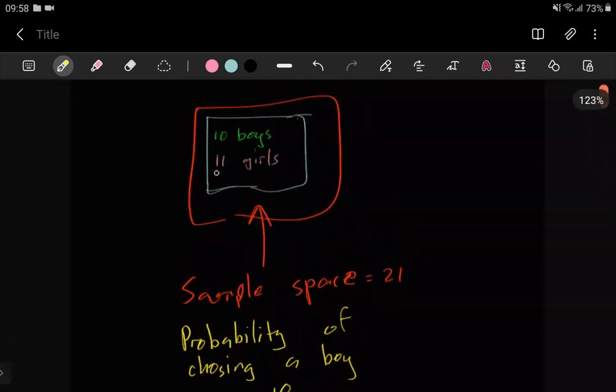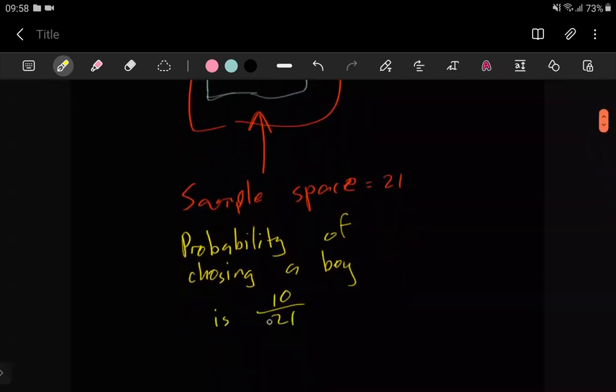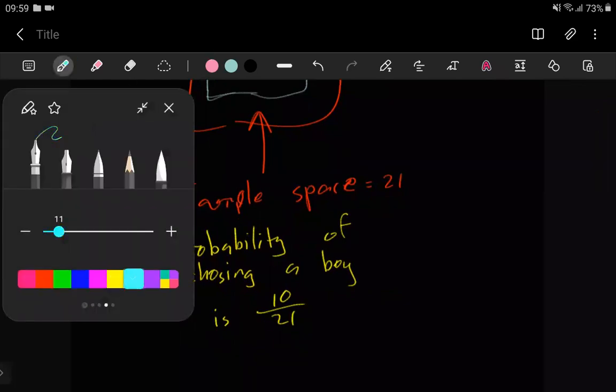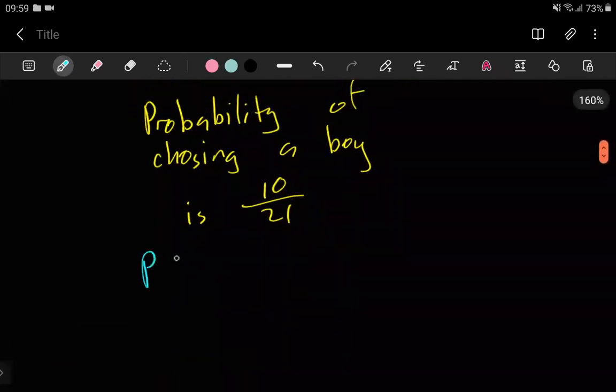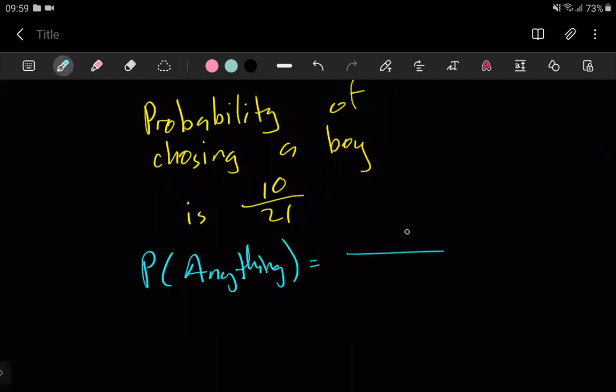Reason being, there are 10 boys out of a total of 21 people. So whenever you deal with probability, the probability of anything will always be equal to a numerator over a denominator.